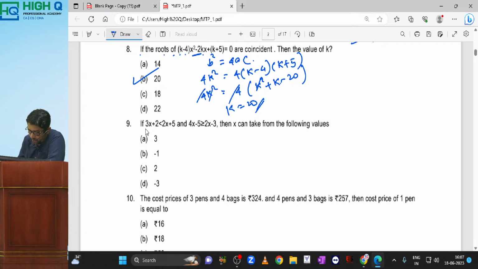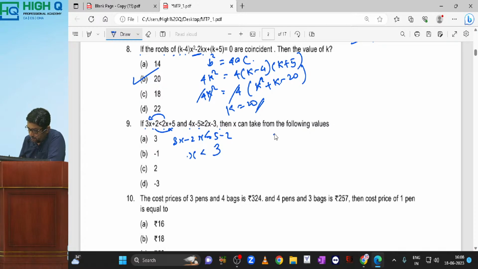Let me check. 3x plus 2 less than 2x plus 5, and 4x minus 5 greater than or equal to 2x minus 3. Then x can take from the following values. Now look at this. 2x to the left hand side, 2 to the right hand side. So what are you going to get? 3x minus 2x is equal to 5 minus 2. Can I say x is less than 3?